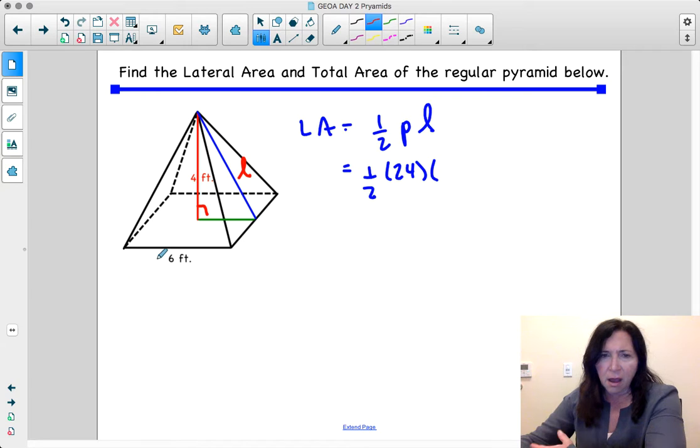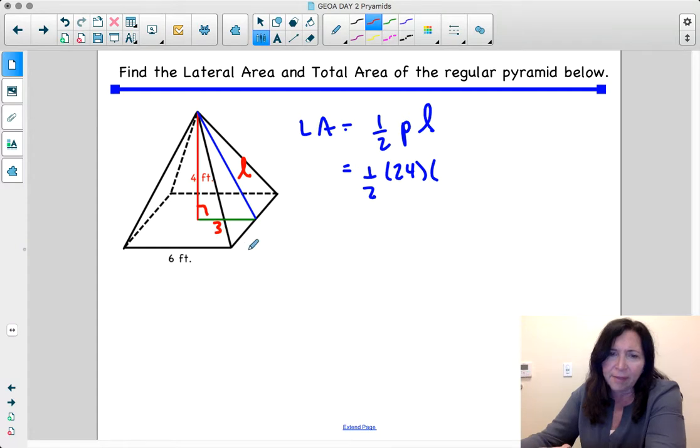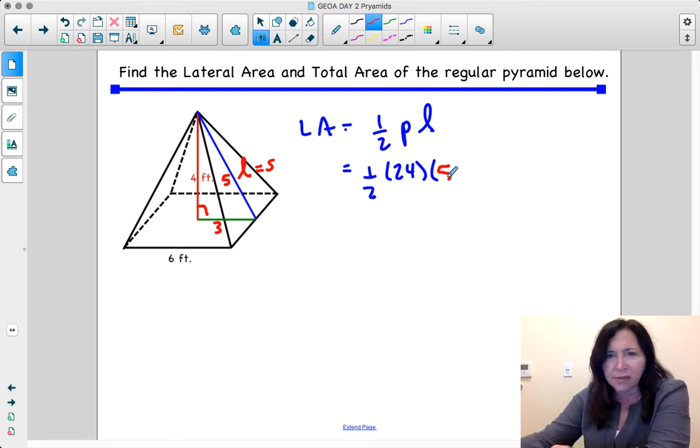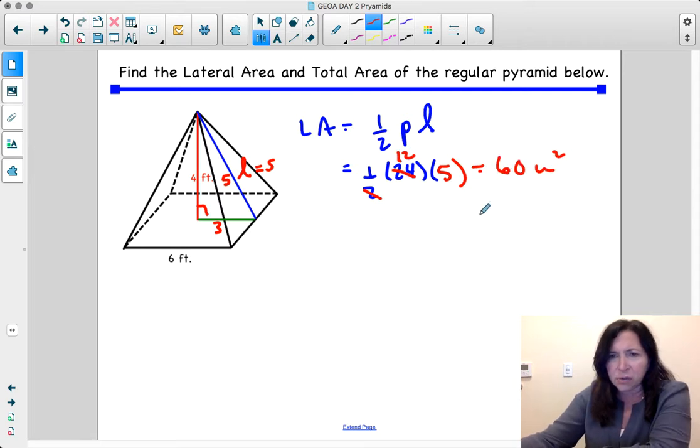But if this is a regular polygon down here at the base, that means there's 3. My apothem is 3. Now that's a 3, 4, 5 triangle. That means this is my hypotenuse, and my slant height is 5. So 1/2 of 24, which is 12, 12 times 5, which is 60 units squared. So that's my lateral area.